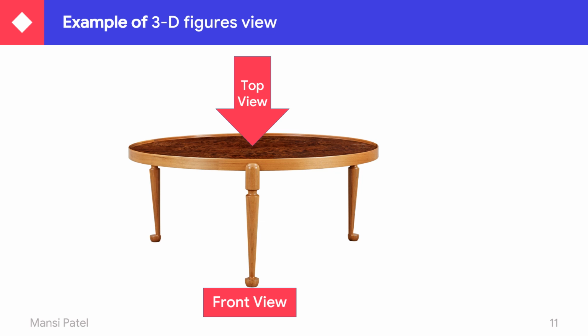When we see the legs of the table, we can't see the surface. So from the side view, we can see only the legs of the table. So see here three different views of the table, and all these views are different from each other, different from angle to angle. When we see from the top, we see the top view. When we see from the side, we see the side view only, the legs of the table only. And when we see from the front view, we can see the whole table.